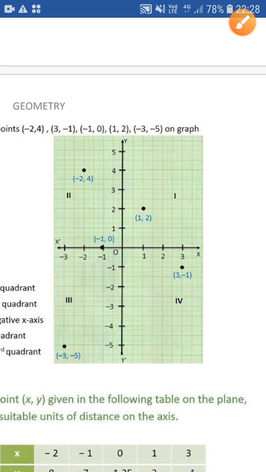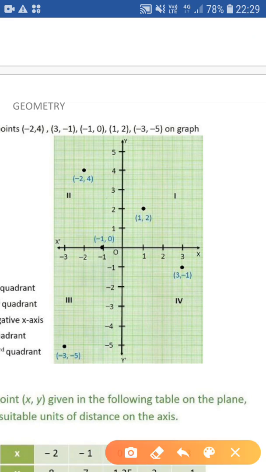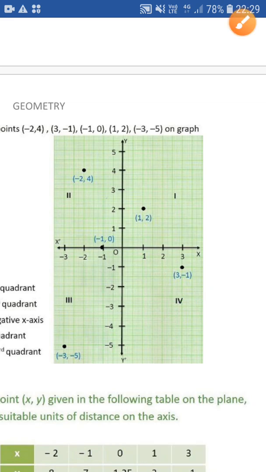Similarly, we can plot the other points also. Let us take this particular one, that is (3, -1). Again, the first number tells you how many units you have to move either to the left or to the right. Because it is positive, move 3 units to the right.